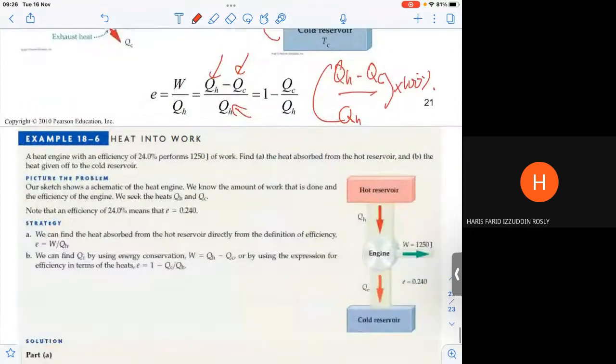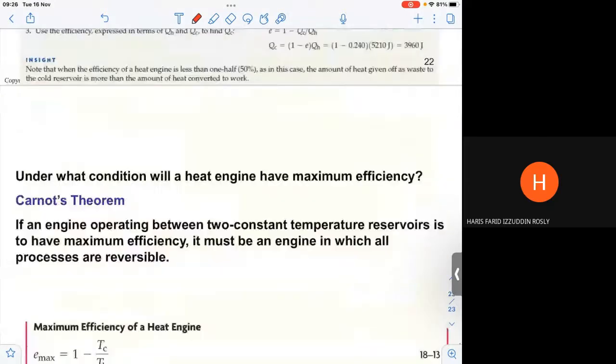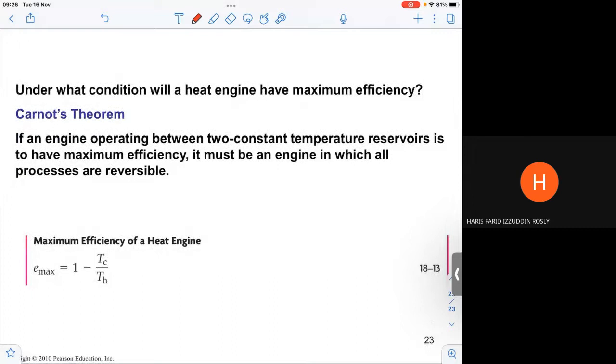Okay, there is one more thing that you can use, which is temperature, because temperature and heat are proportional. That means if the heat increases, the temperature increases. So we can always use this kind of equation. Before this, we have efficiency equal to QH minus QC over QH, or you can write it as 1 minus QC over QH.